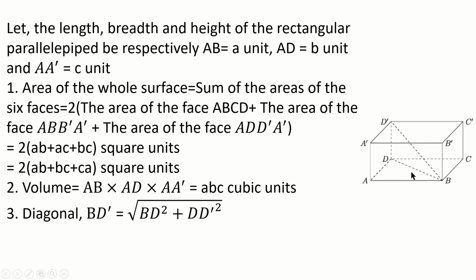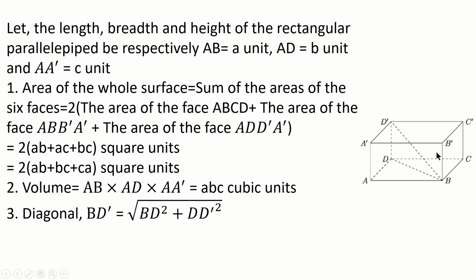As the bottom face is a rectangle, each angle is 90 degrees. So ADB is a right angle triangle. As ADB is a right angle triangle, BD is the hypotenuse, so BD square equals AB square plus AD square. Clear?